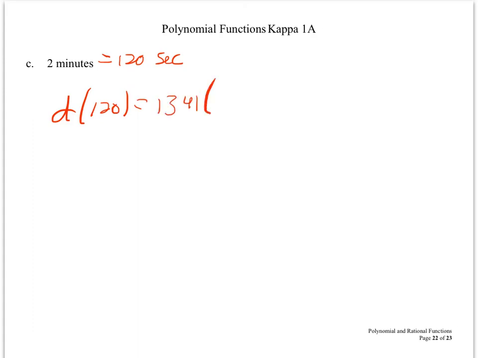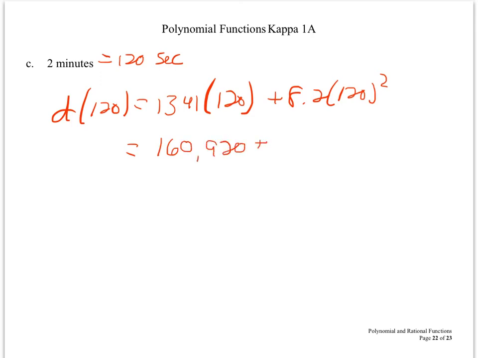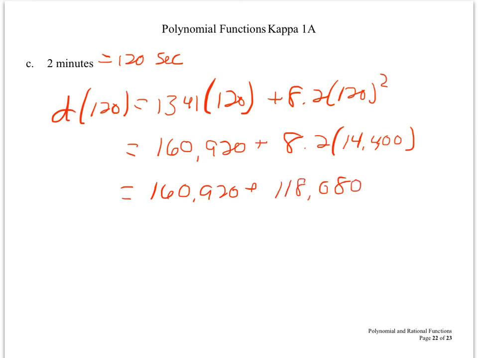So 1341 times 120 plus 8.2 times 120 squared. 1341 times 120 is 160,920. 120 squared is 14,400. 8.2 times 14,400 is 118,080.